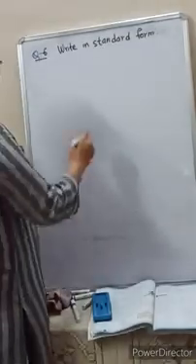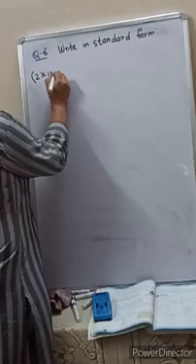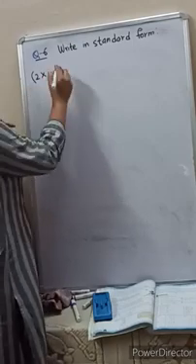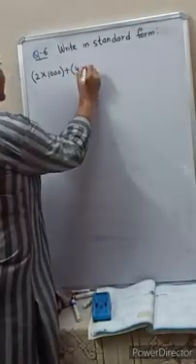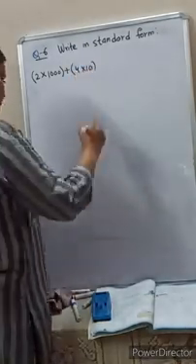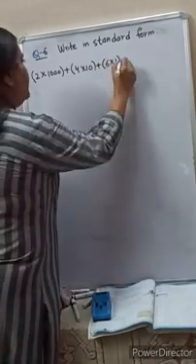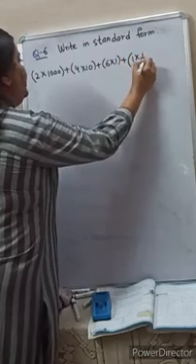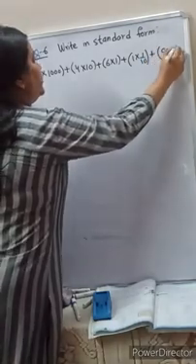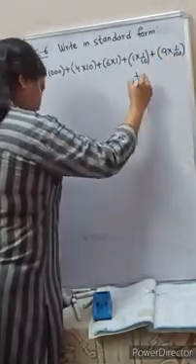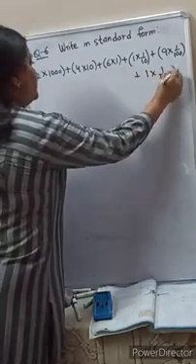Follow. We have 2 multiplied by 1000. This is 2000, plus 4 into 10, plus 6 into 1, plus 1 into 1/10, plus 9 into 1/100, plus 1 into 1/1000.